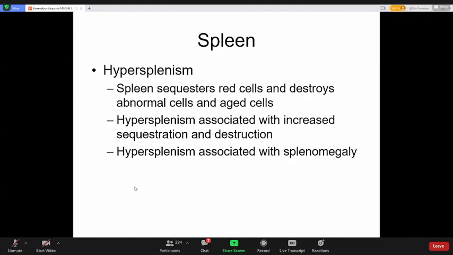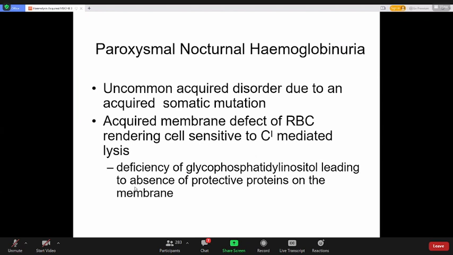It's a hemolytic process. All right, so PNH, I'm sure this has been handled before. It's an acquired hemolysis where patients have an acquired disorder that gives them abnormal red cell membranes, and they are at high risk of complement activation and complement destruction of the red cell.